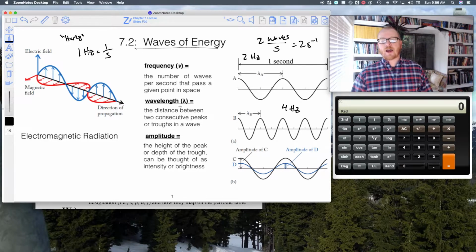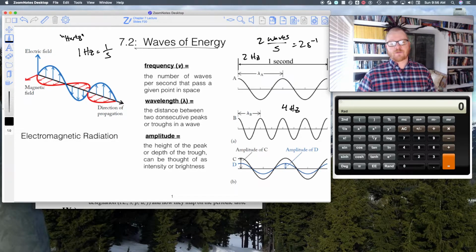So now what about this wavelength thing? So wavelength is the distance between 2 consecutive peaks or troughs in a wave. So that's indicated by this. You can see lambda, so Greek letter lambda is what we use for wavelength. And by the way, I didn't mention this, but this is technically the Greek letter nu, not a V. It kind of looks like this if you're doing the curly serif-based font.